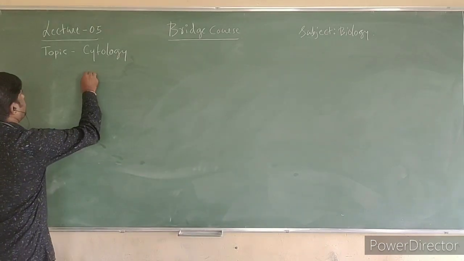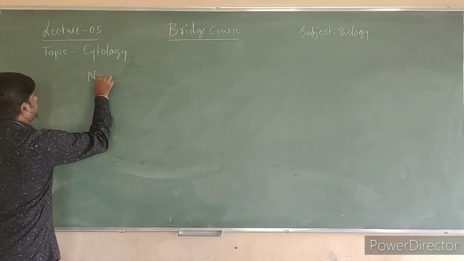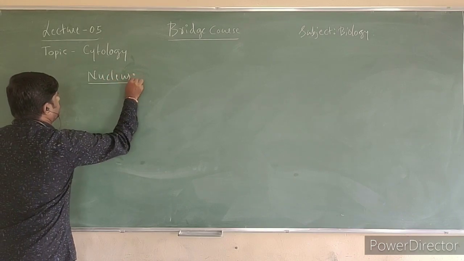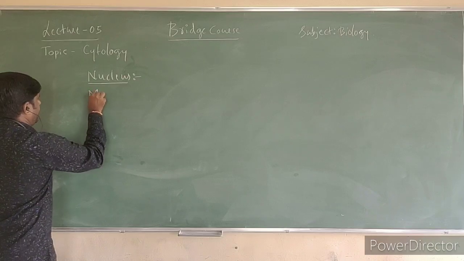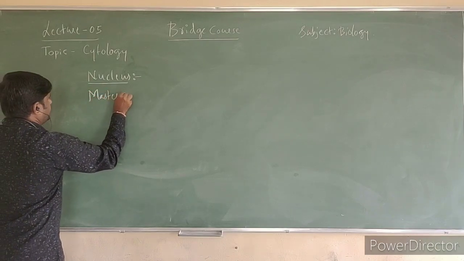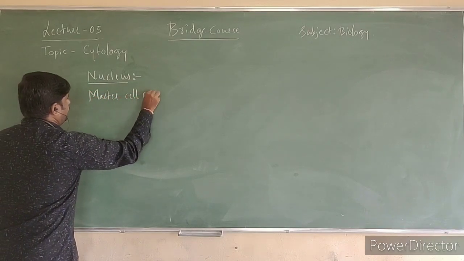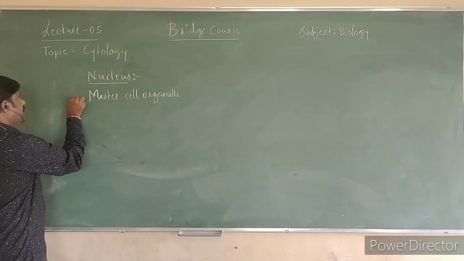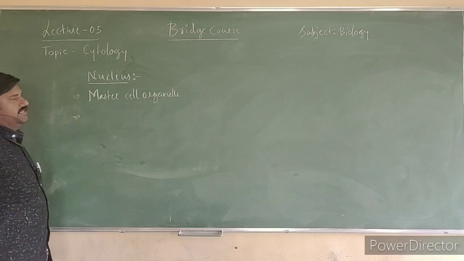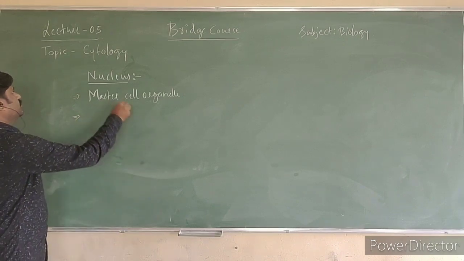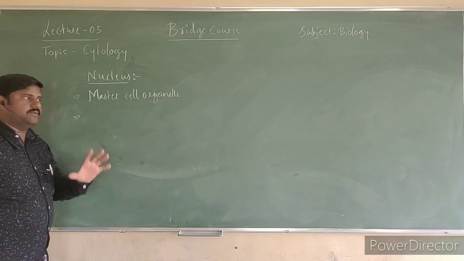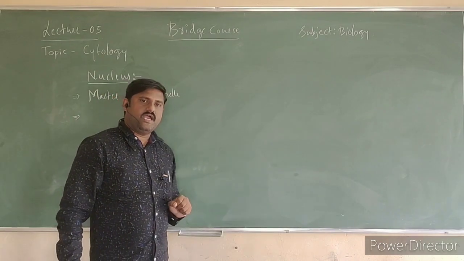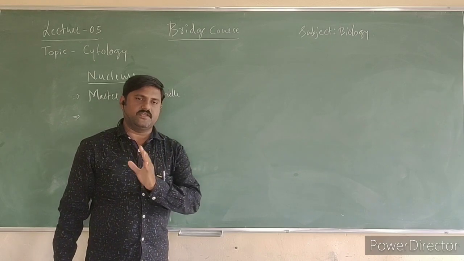Okay. Next cell organelle is nucleus. This is commonly known as master cell organelle. And this master cell organelle is usually occurring at the central part of the cell in the animal cell, and in plant cells it is present at the peripheral part.